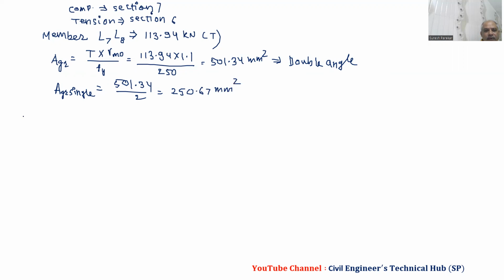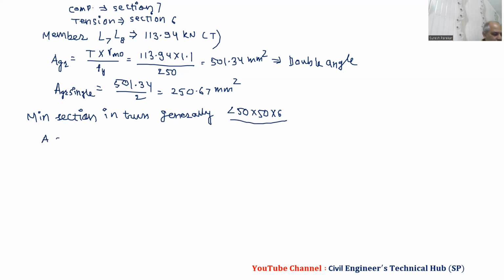But we are going to provide minimum section in truss generally 50-56. And then we will select angle. So we will have this minimum angle 50-56, and we have area of this angle.